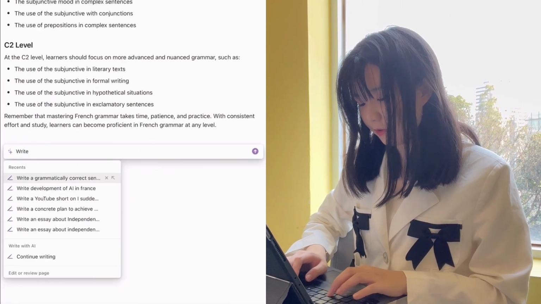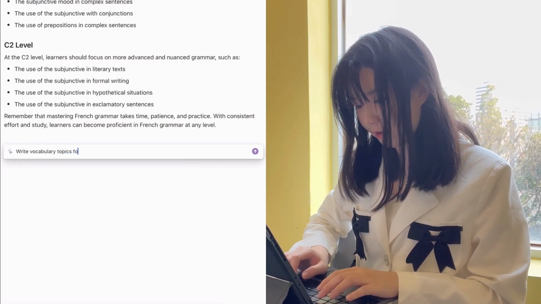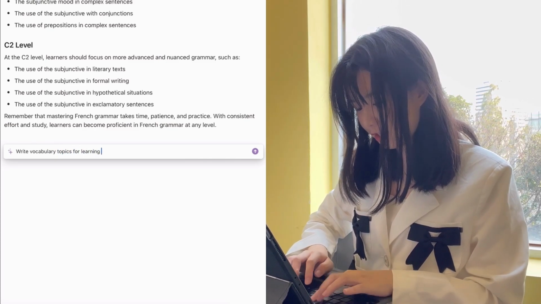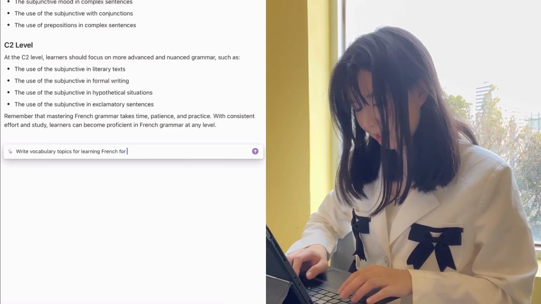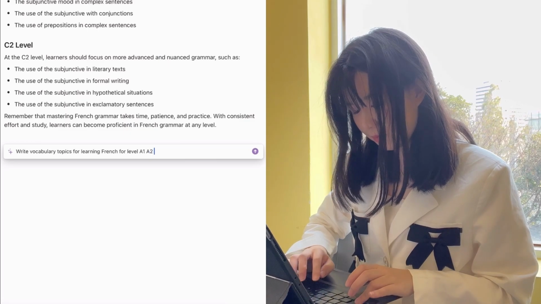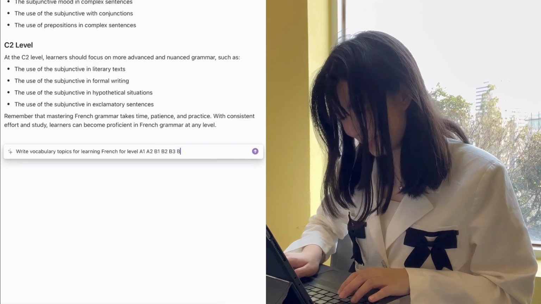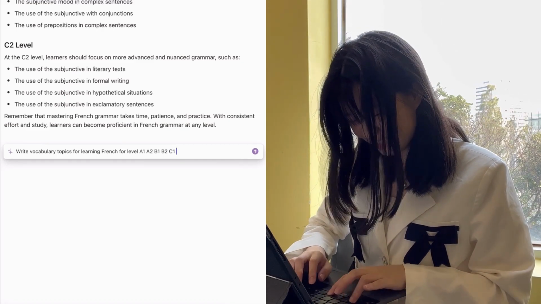Write vocabulary topics for learning French for level A1, A2, B1, B2, not B3, C1, C2.